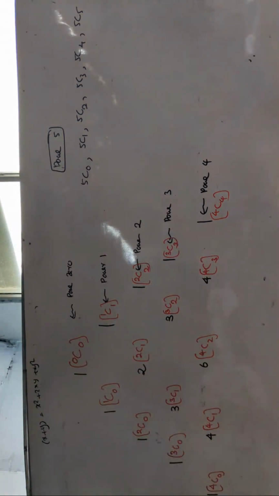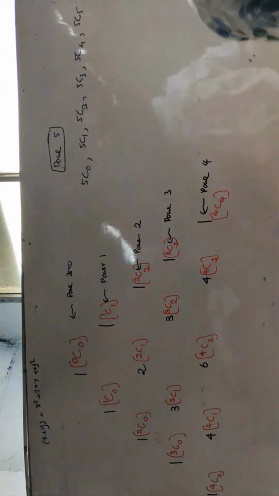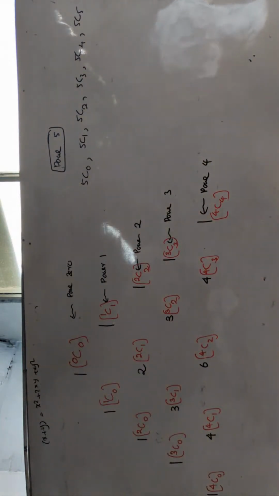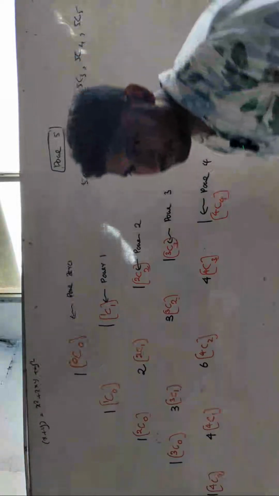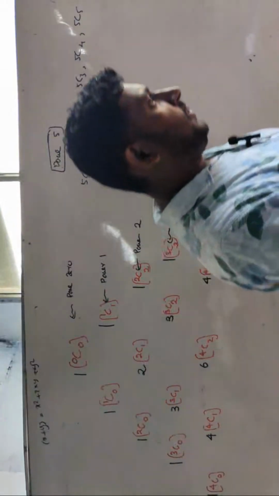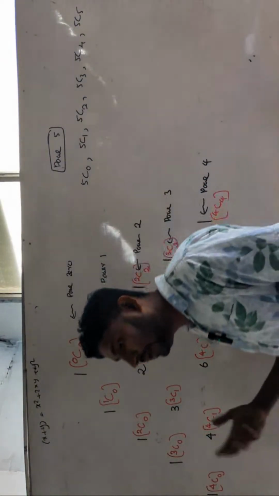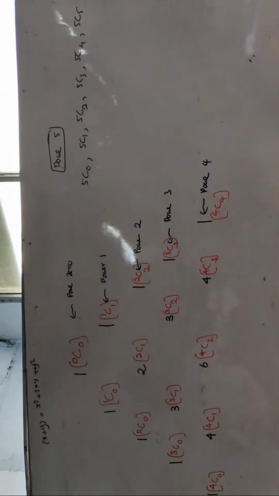Without using the Pascal triangle, we can write down the coefficients of a fifth power binomial.